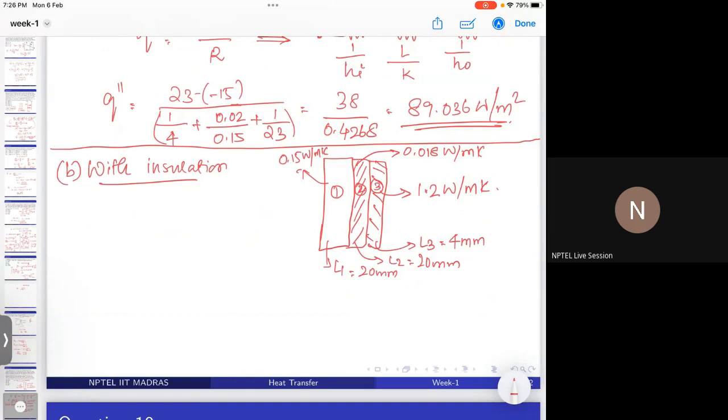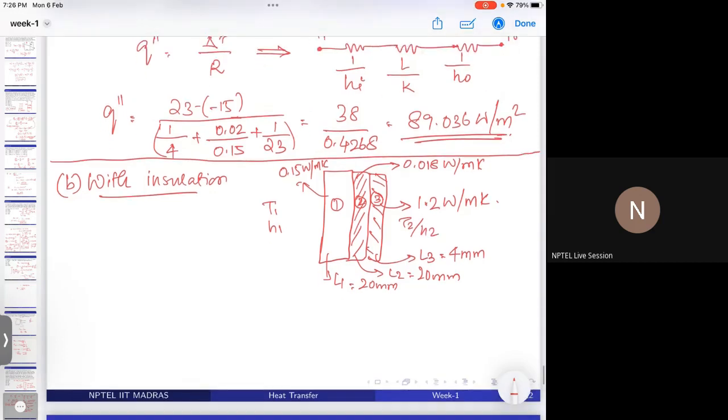So now let's write the resistance here also, T1, H1, T2, H2, or Ho. So what is the resistance? We have a convection resistance of 1 by Hi. Then we have a conduction resistance from the brick, L1 by K1.